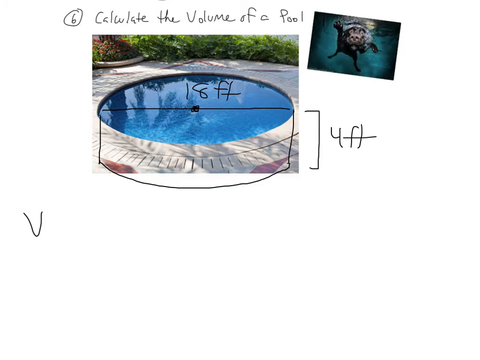Well, remember, the volume of a cylinder, which is what an above ground or any pool is like, is what it is if it has sides that are perpendicular to the top of the water, right? It doesn't cut down like that. So maybe it has a little bit of slant in the bottom. It kind of curves down into the bottom from the side, but we're just going to get approximate here, okay? So the volume of a cylinder, again, is the area of the base times the height.